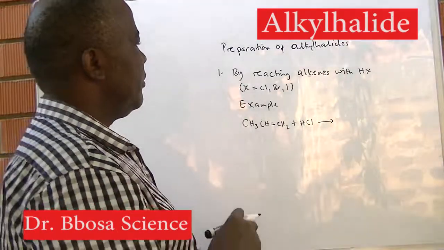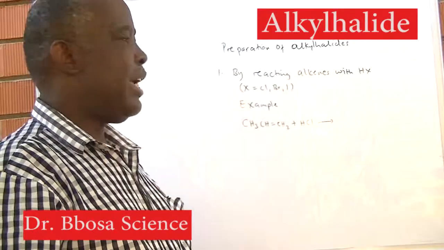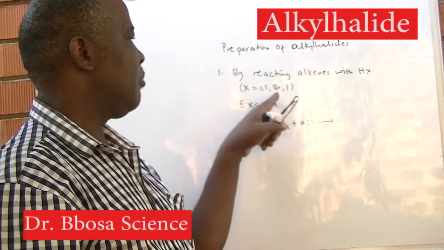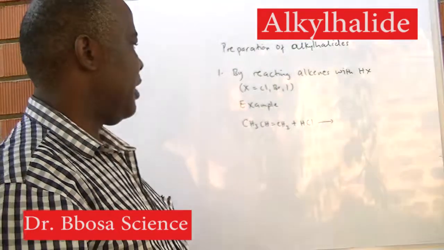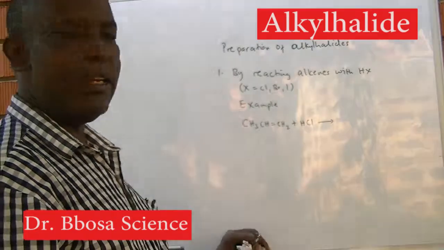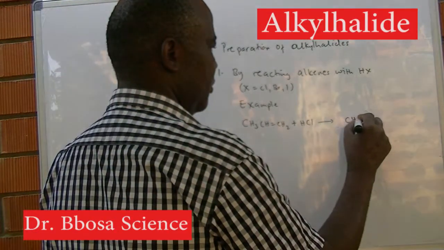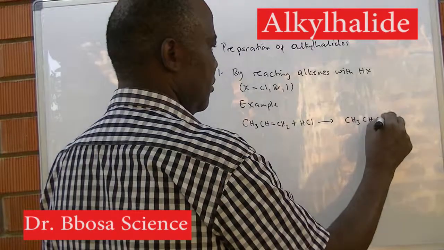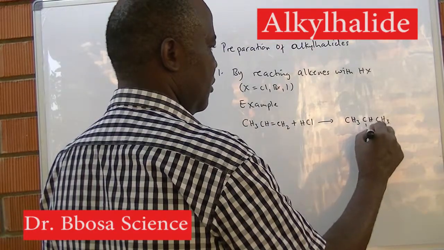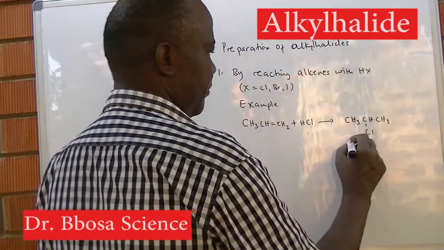Preparation by reacting alkenes with HX, where X can be chlorine, bromine, or iodine. An example: propene plus HCl will give you 2-chloropropane.